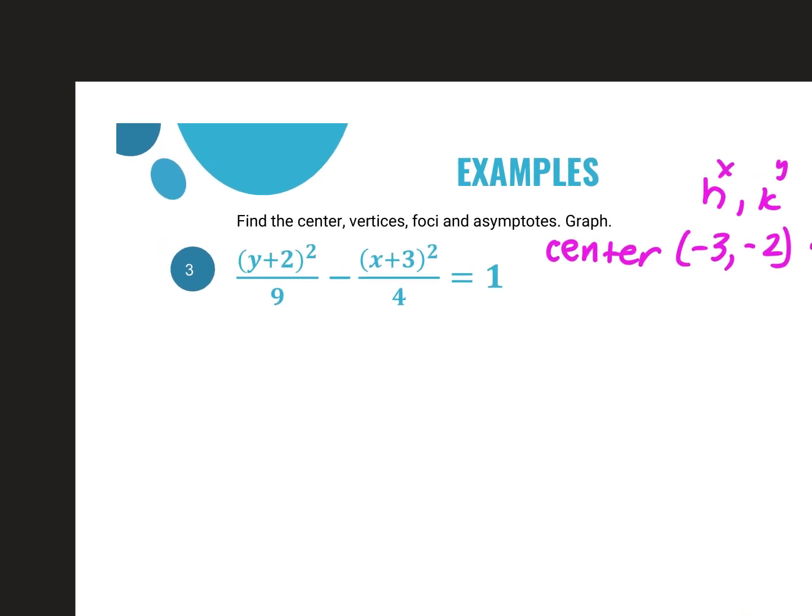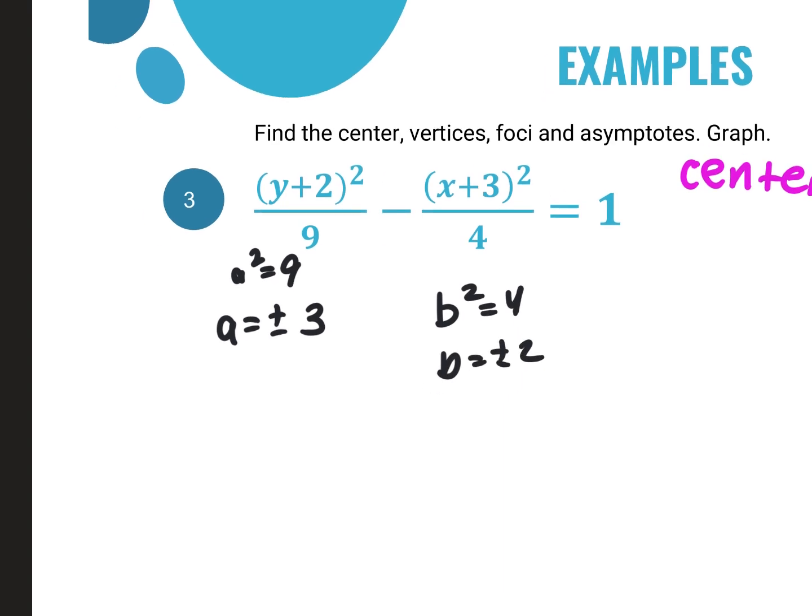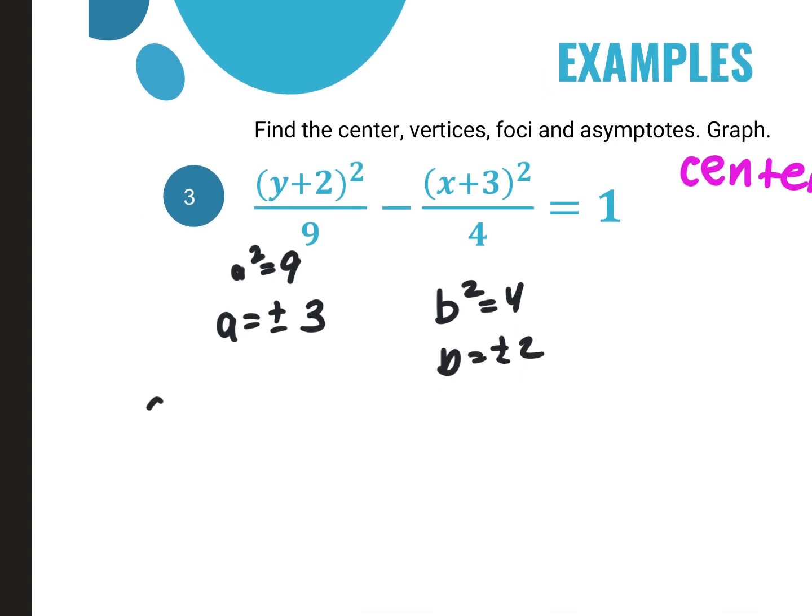So let's go ahead and talk about our a and b values. What is your a squared? 9. So your a value is plus minus what? 3. All right. B squared is 4, so B is plus minus 2. Want to go ahead and find C? Okay, C squared equals A squared plus B squared.